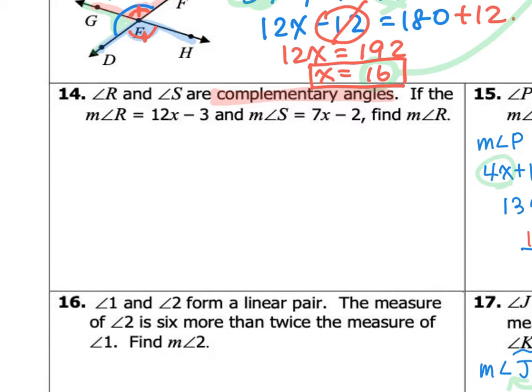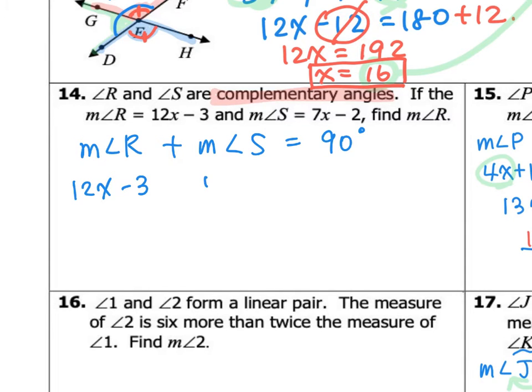Complementary angles means the measure of angle R plus the measure of angle S equals 90 degrees. If the measure of angle R is 12x minus 3 and the measure of angle S is 7x minus 2, then find the measure of angle R. We can just plug in what we already had into that equation with the plus sign and equal 90 degrees.